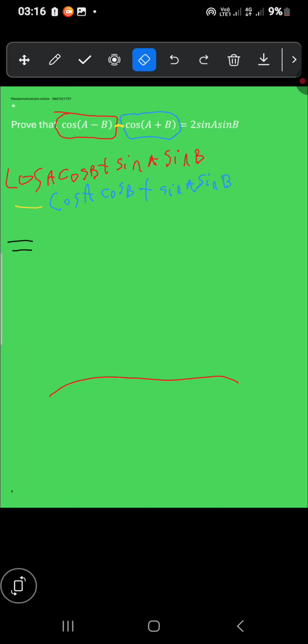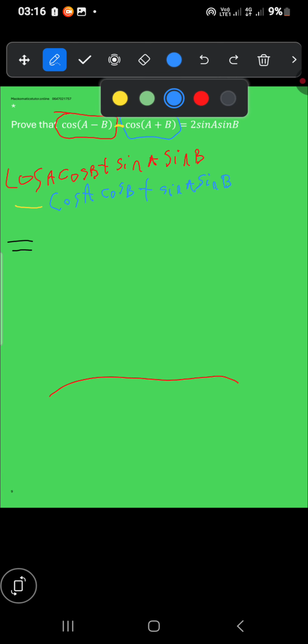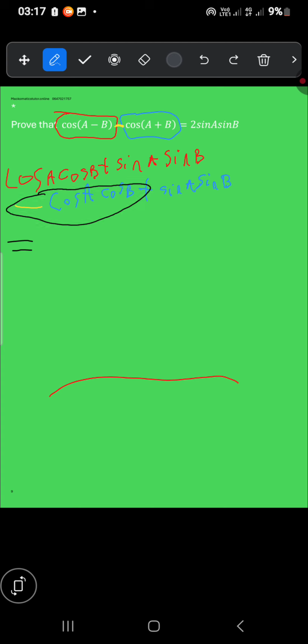Then you realize that this cos A cos B we subtract with cos A cos B, because they are like terms.